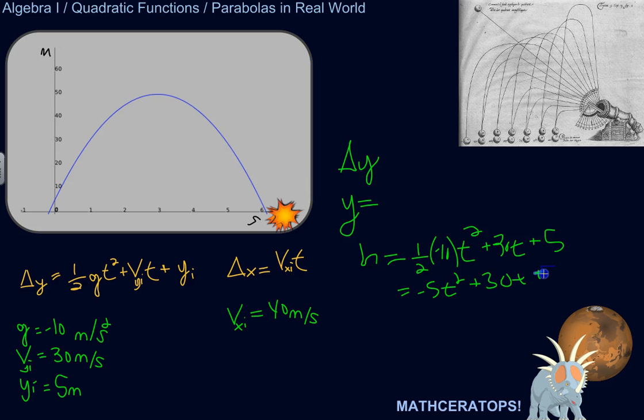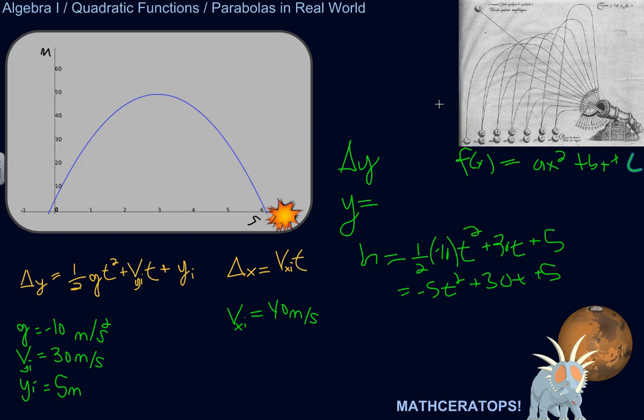If you look at that, that should look familiar, right? That's a quadratic function. f of x, the output of the function, is equal to ax squared plus bx plus c. a here is negative 5, b is 30, c is 5.